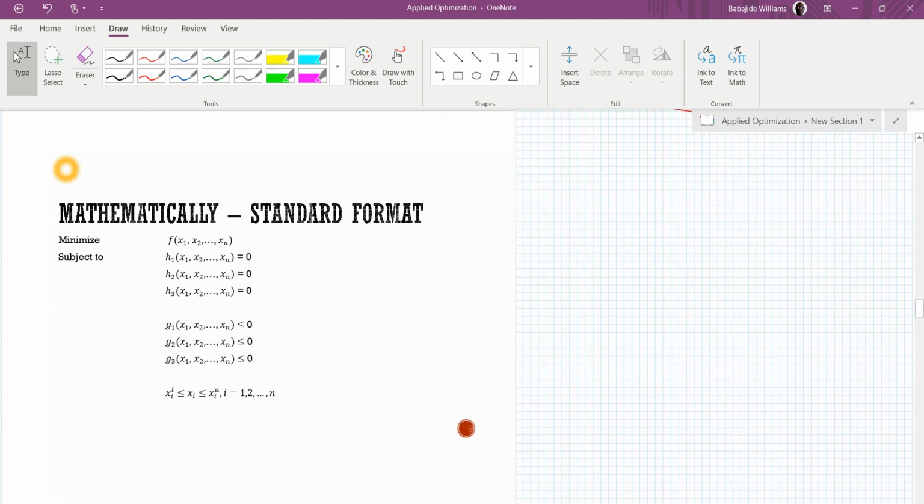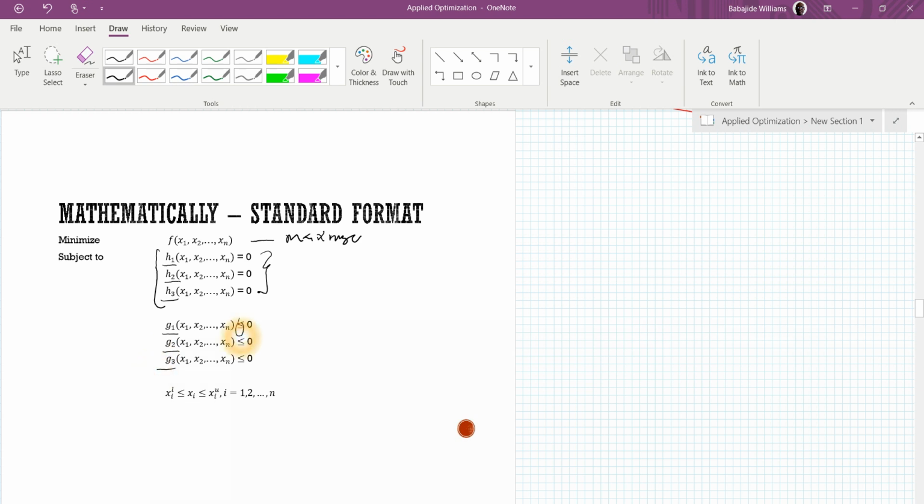Before we start looking at examples, I wanted to show the standard format for an optimization problem. You have something that you want to minimize or maximize, subject to some constraints, and these are equality constraints here. You can see them: h1, h2, h3. It is also subject to more constraints, g1, g2, g3.